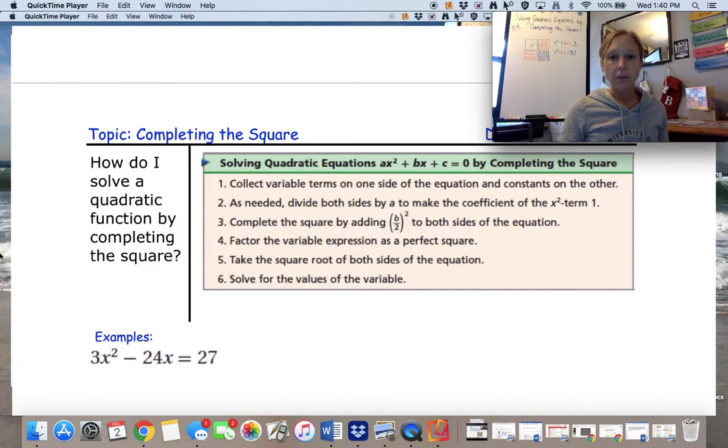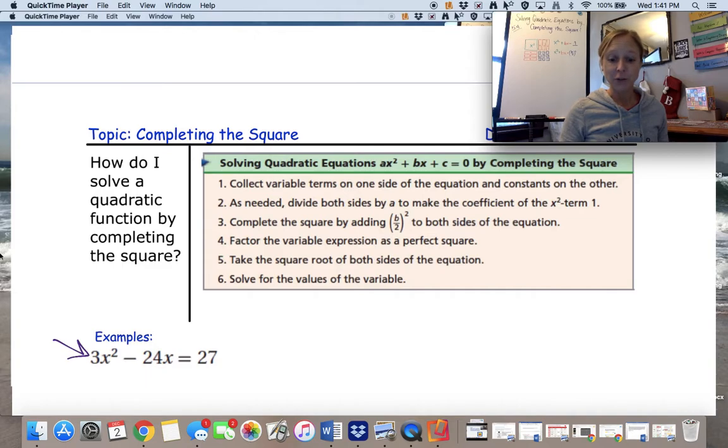So our first step is to collect the variable terms on one side and the constants on the other. So that means x's on one side, constants on the other. Then, as needed, divide both sides by a to make the coefficient 1. What that means is if I look at this example down here, there is a 3 in front of the x squared. I do not want to deal with that.